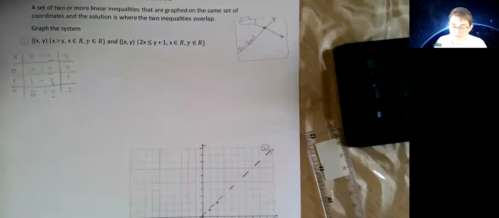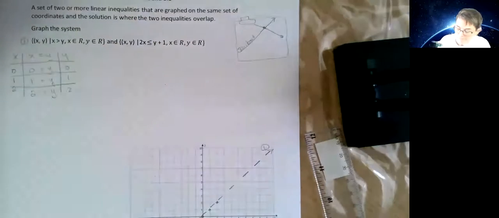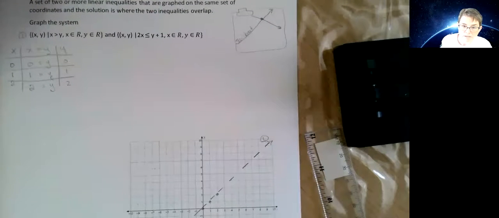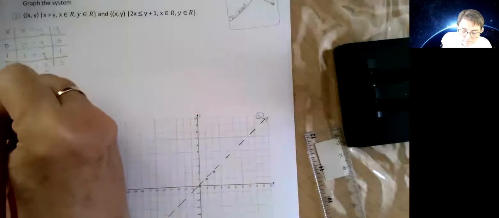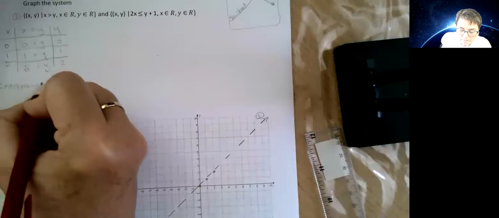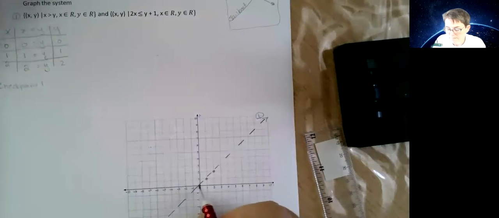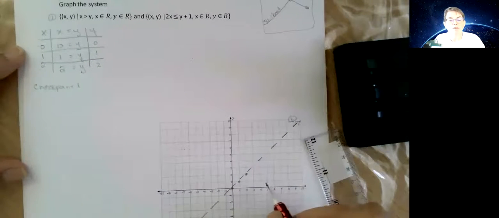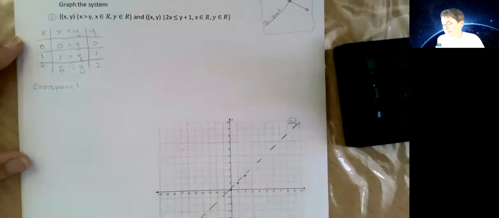All right, now we need to do some checkpoints. I guess I'll work down. I can't use my usual checkpoint of 0, 0, it's just on the line.